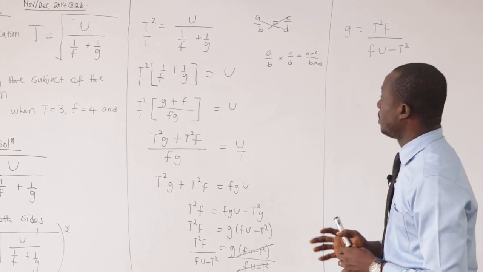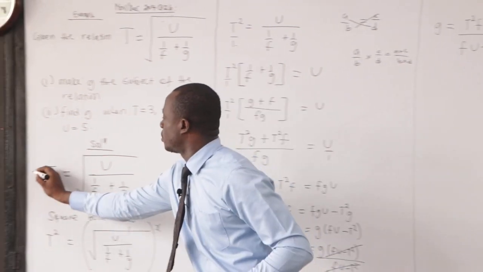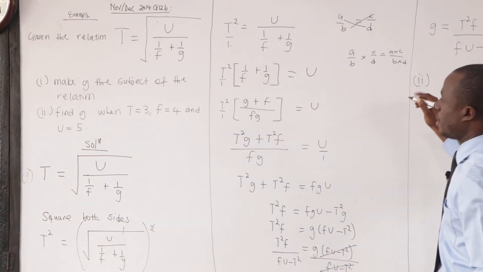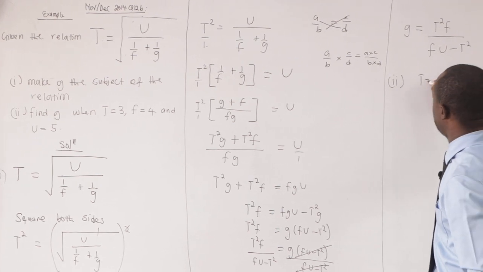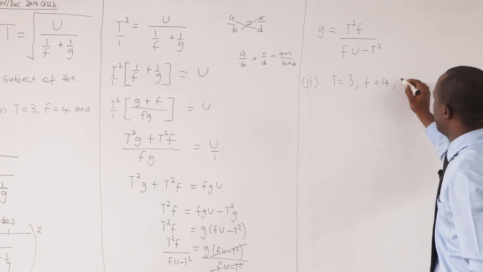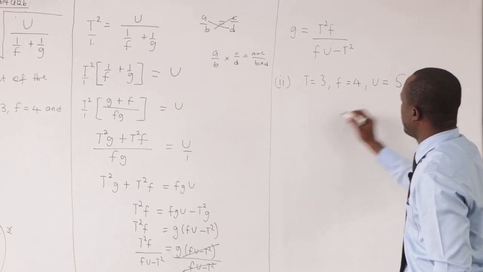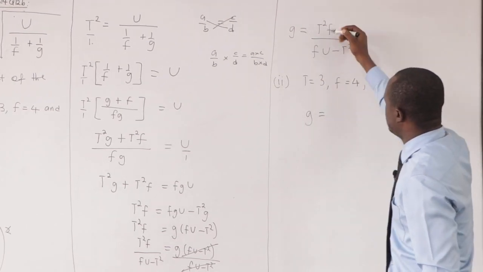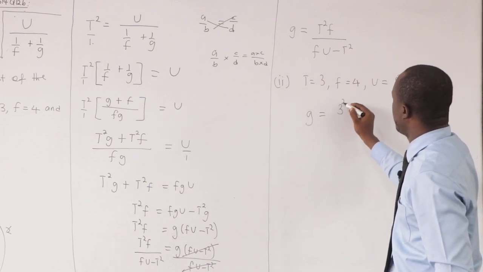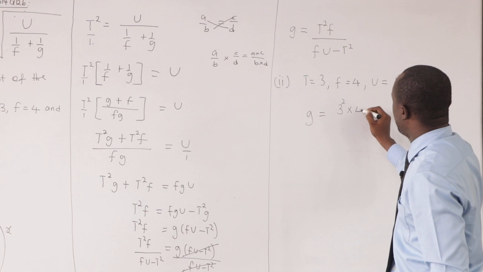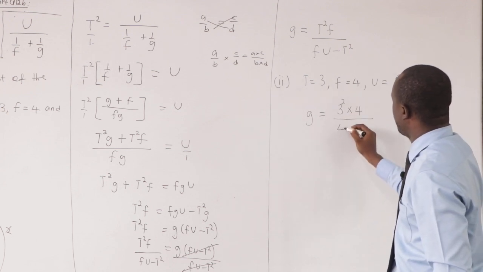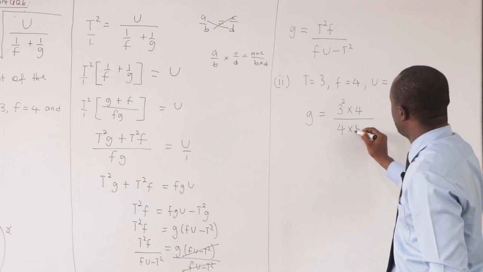Now, going back to the question, we are told first to make j the subject, and then to find j, given t to be 3, f to be 4, and u to be 5. So substituting: t squared, what is t? 3, so you have 3 squared. What is f? 4. All over fu, what is f? 4. What is u? 5.